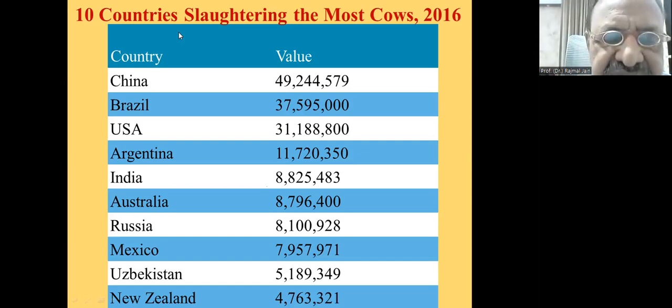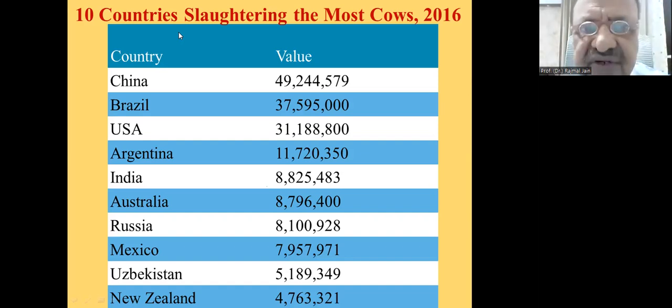In fact, for buffalo beef and other meats, India alone meets 25% of the demand of the whole world. It means India tops. Alone, 25% of the export is from India. So it must have a large number of slaughterhouses.